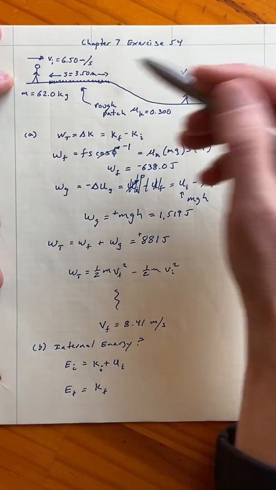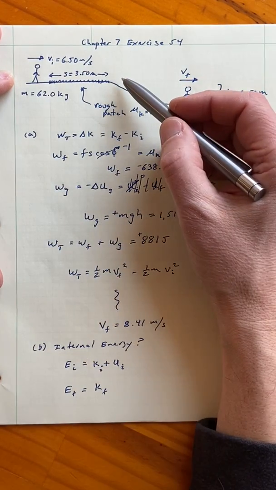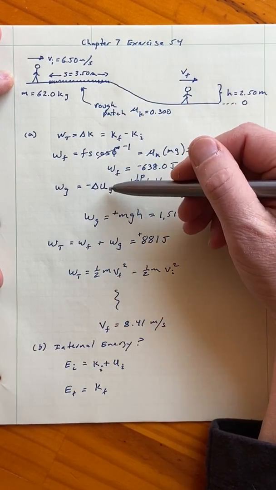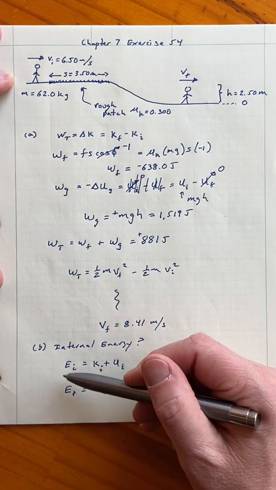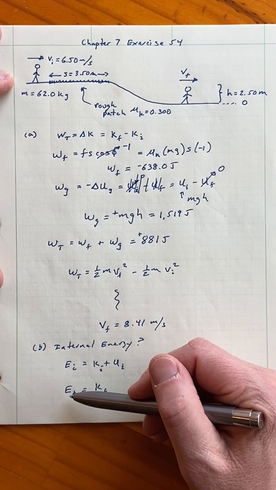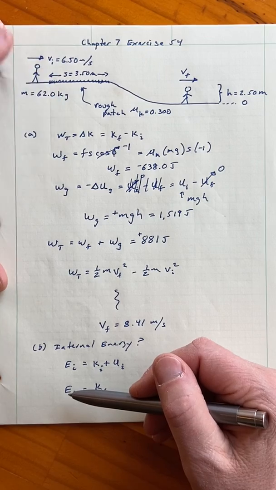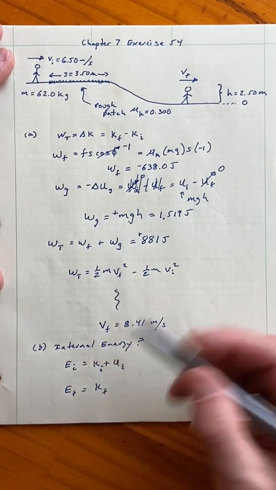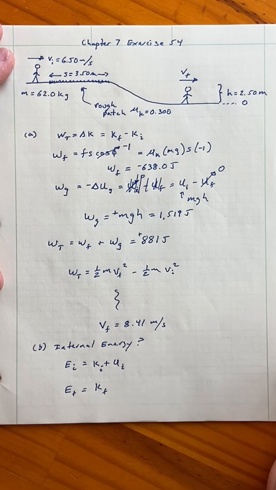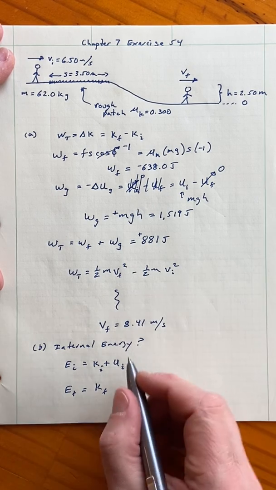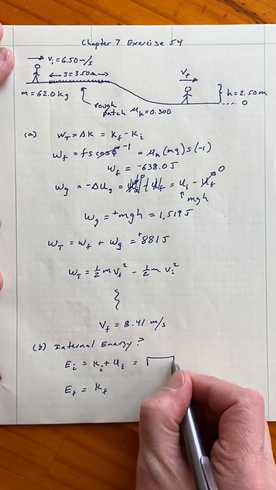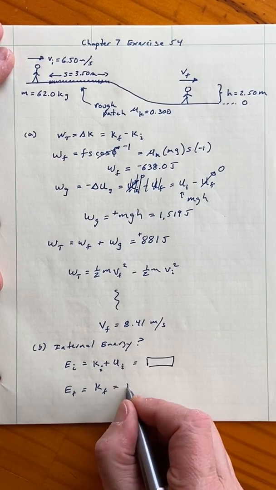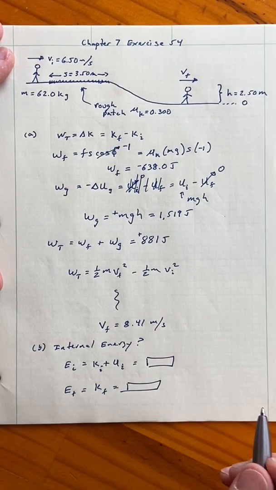But the thinking is like this. If it weren't for this rough patch, then gravity would be the only thing doing work and energy would be conserved, so the initial would equal the final. But this rough patch causes the skier to lose mechanical energy due to the friction force. So I think if you actually calculate a number for this and calculate a number for this, you're going to find that they're not equal.